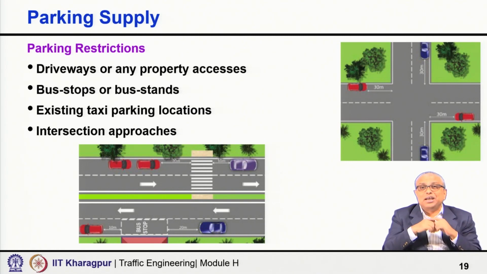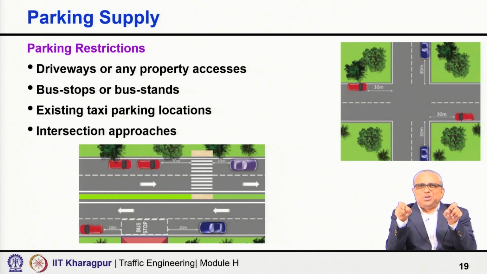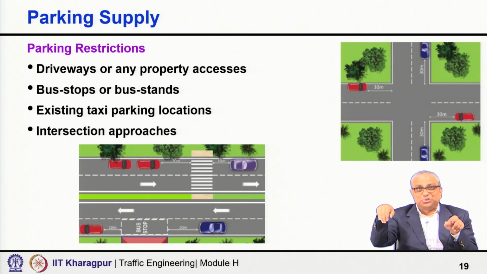We have to identify where we cannot allow parking. For example, parking restriction: driveways or any property access you cannot block, and not only that, but some length also on both sides, so that when the vehicle is turning and coming out from the driveway or property, there is no safety issue.